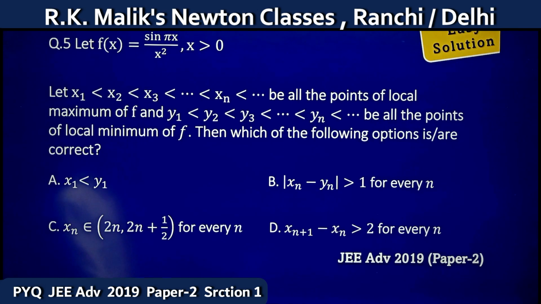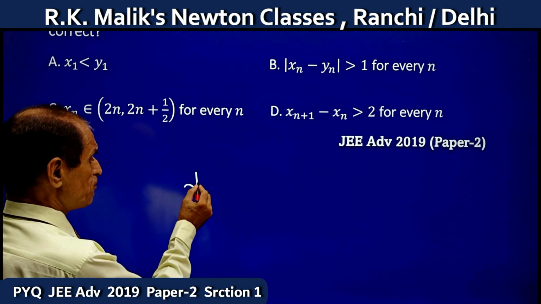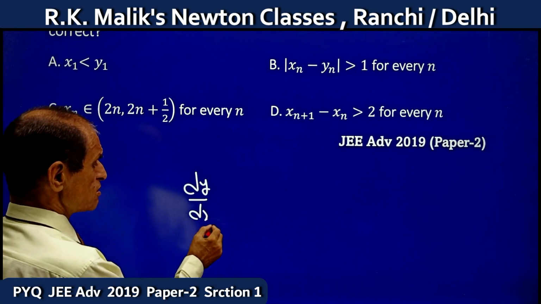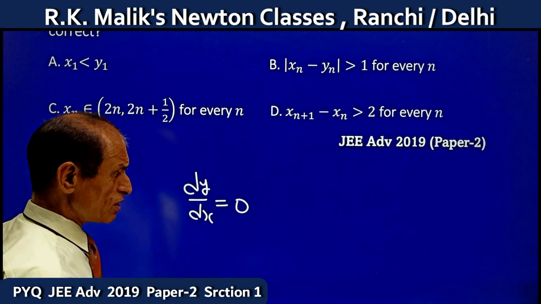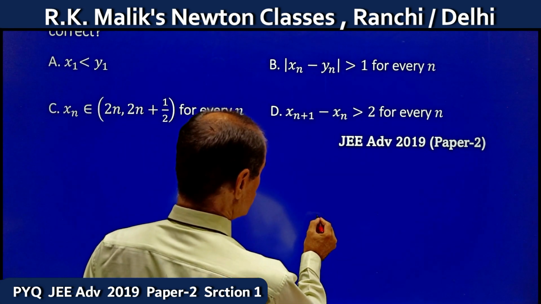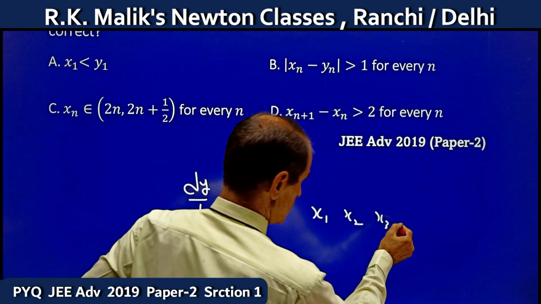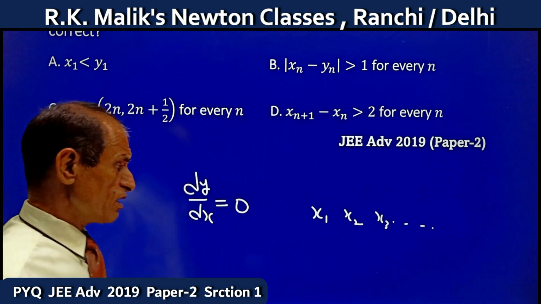In the questions of local maxima or local minima, I have found that most students proceed in this way: they put dy/dx equal to 0, and from this equation they get the values of x as x1, x2, x3 and so on.